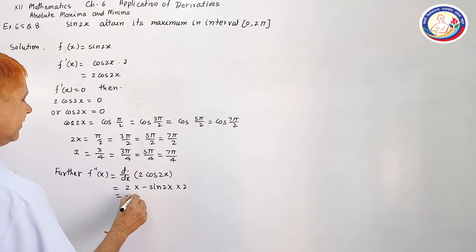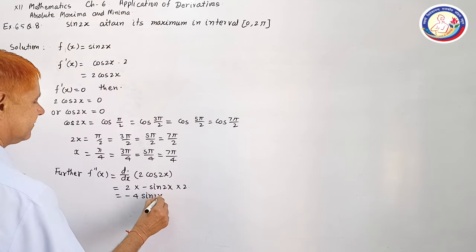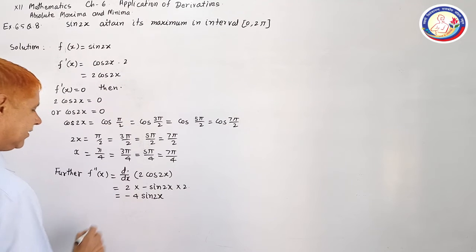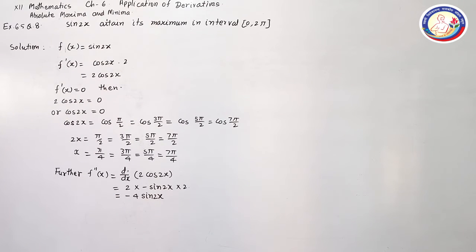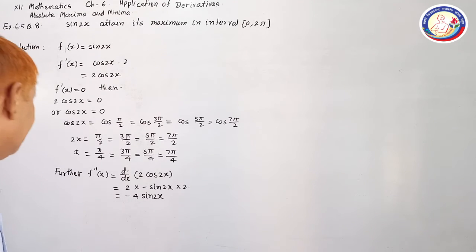So it will be minus 4 into sin 2x. Now we will test the value of the second derivative at pi by 4, 3 pi by 4, 5 pi by 4 and 7 pi by 4 to determine which are the points of maximum value and which are the points of minimum value.